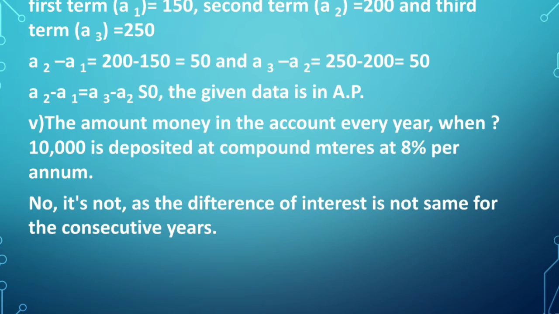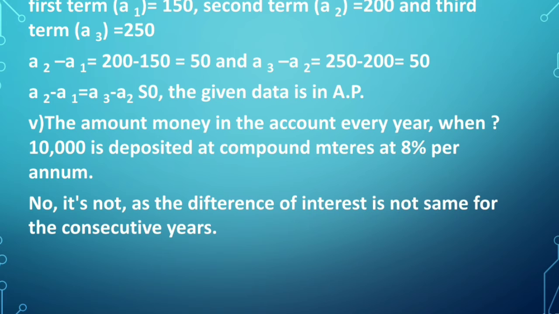Now first term A1 is equal to 150, second term A2 is equal to 200, and third term A3 is equal to 250. Then A2 minus A1 is equal to 200 minus 150, that is equal to 50, and A3 minus A2 is equal to 250 minus 200, that is equal to 50. So A2 minus A1 is equal to A3 minus A2. So the given data is in AP.